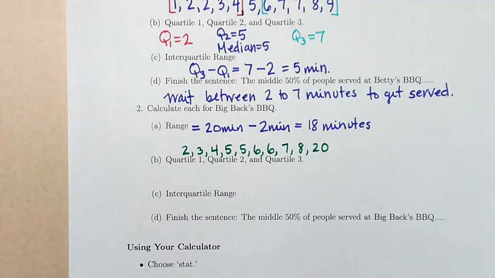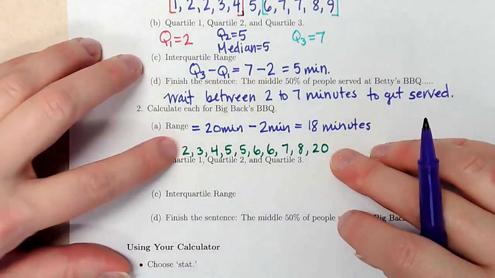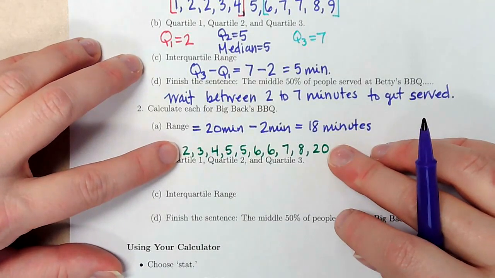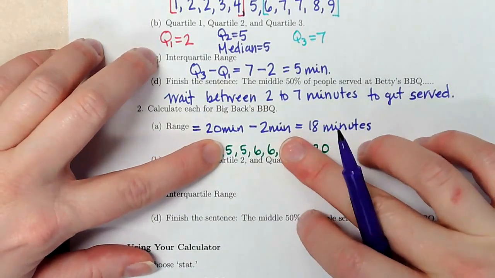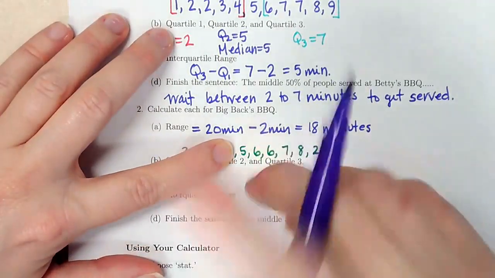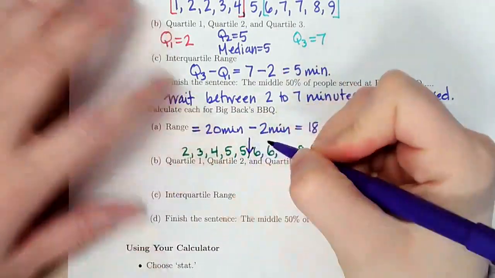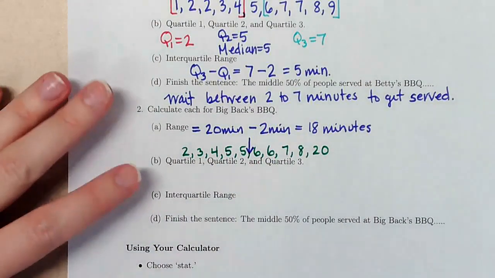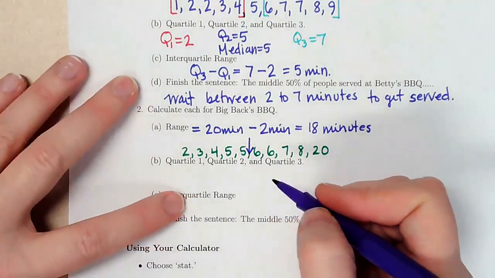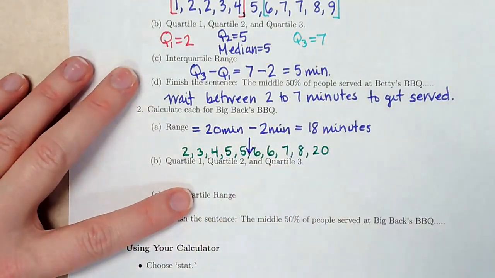Okay, now let's chop this up. Quartile 2 is the median. First I'm going to cut it into low half, high half with the median. Covering up the ends, it looks like it's right here between the 5 and the 6. So quartile 2 is 5.5.